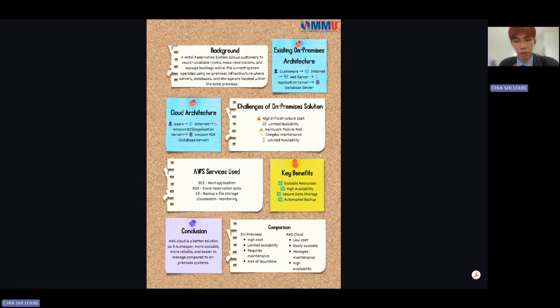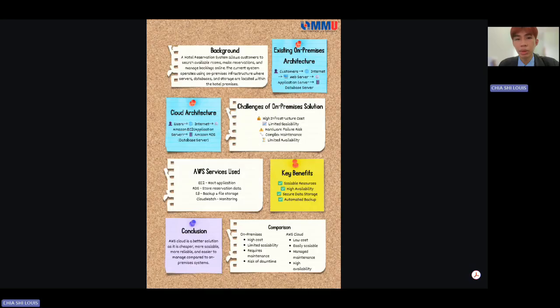My name is Luis. Next, I will explain the proposed cloud solution and cloud architecture for our system. The proposed cloud architecture uses Amazon Web Services, or AWS, to replace the traditional on-premises infrastructure. In this architecture, users access the system through the internet using a web browser or mobile device.